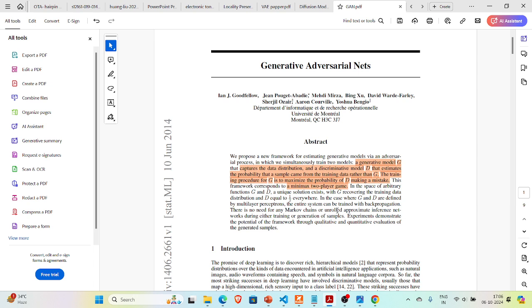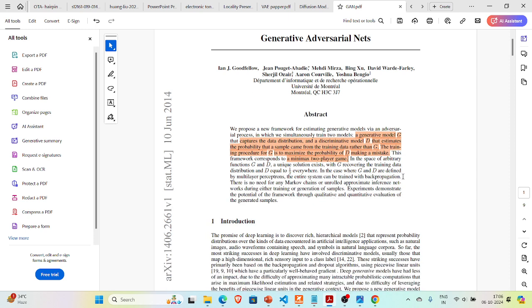Means G is trained over the whole data distribution, and D produces the value half. The probability is half: it is confused exactly in between whether the data comes from the true data distribution or from the generative model G.